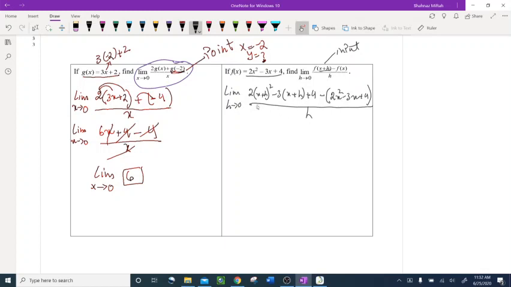Now, x plus h squared, how do I solve that? You can rewrite this as x plus h times x plus h, right, and then FOIL. But I have an easy way.